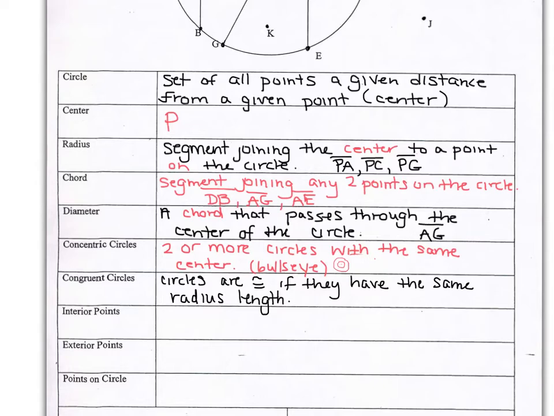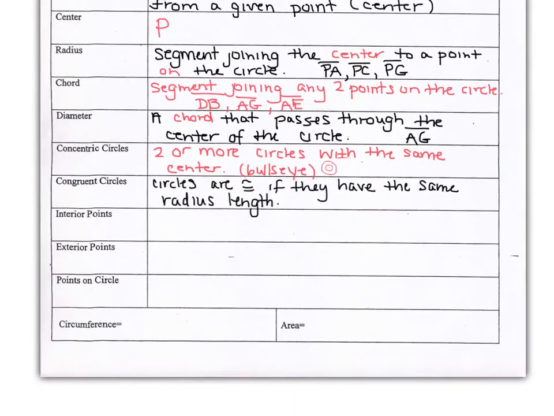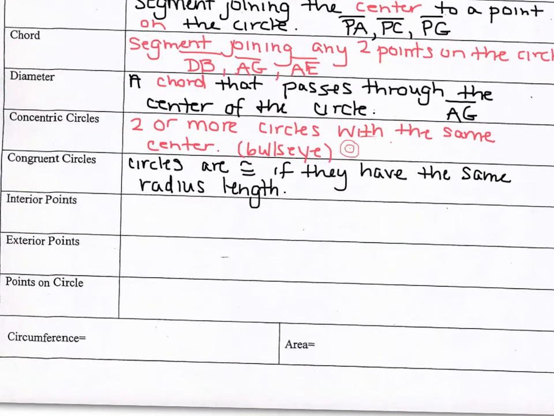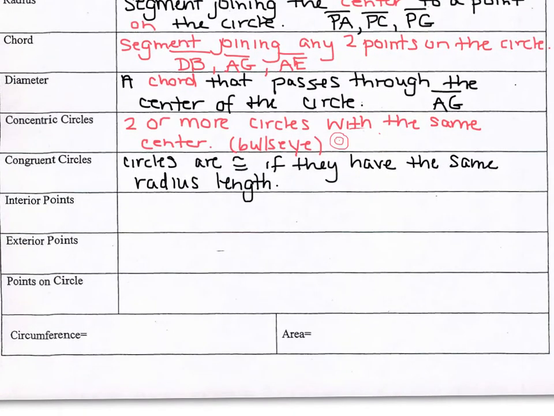Next three are quite easy. First one is interior points. Let me zoom in a little bit. Interior points are points on the inside of the circle.